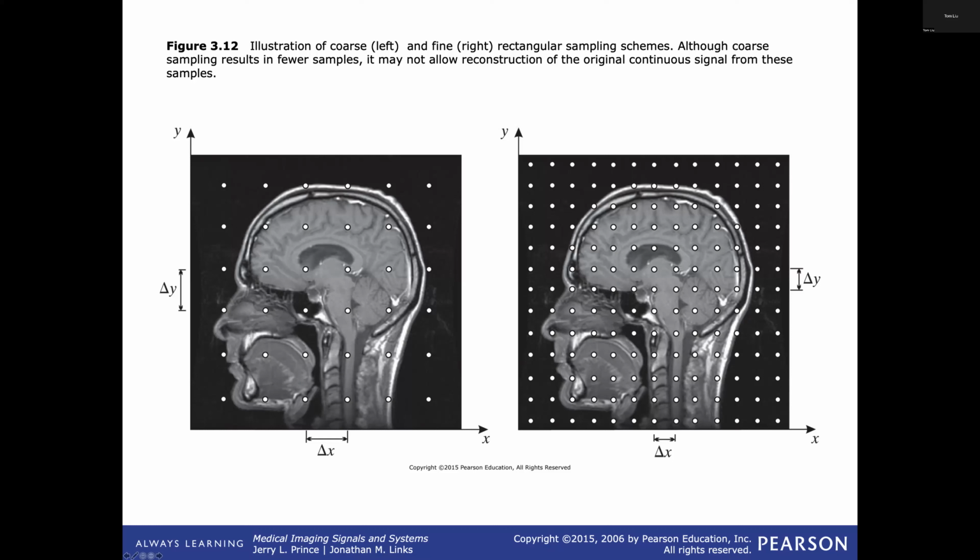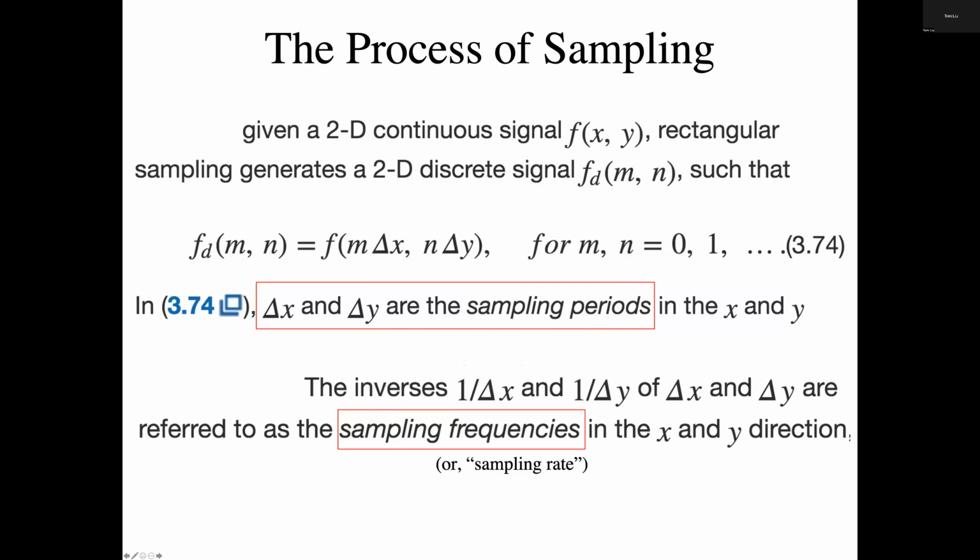But mathematically, we're going to describe that with essentially a comb function with these distances between the delta functions, right? And those are called the sampling periods. This is just out of Prince, chapter 3. To do the mathematics of sampling, Dr. Prince spends quite a bit of time developing the math of what a comb function is and how you extract or sift out discrete values from an underlying function.